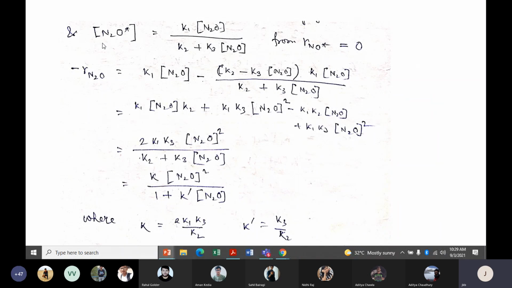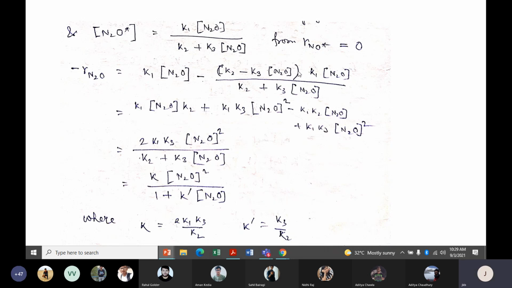Then from this you can find out the intermediate product N2O star is equal to this. Again you substitute in the rate expression. Then you will find this. This already I have shown in some class, this similar type. Okay, no need to explain much more.